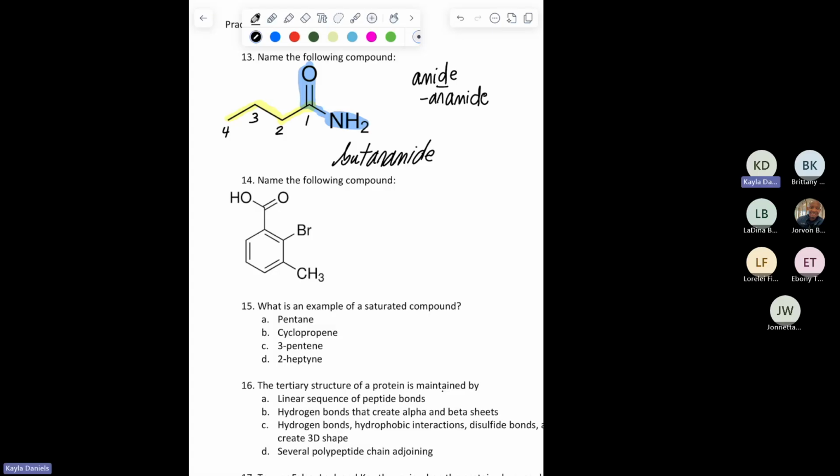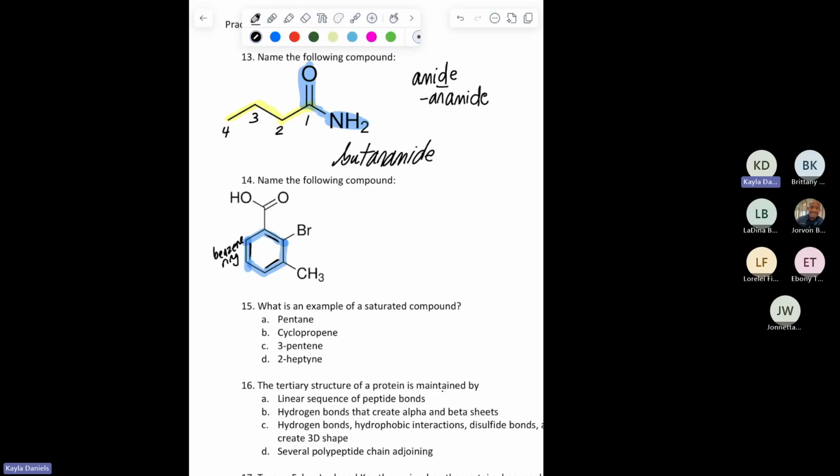All right, 14. We did this a couple times, but just as a reminder, when you have a benzene ring, so this part is the benzene ring. Benzene rings are 6 carbon rings with a double bond every other bond. There has to be this alternating double bond.